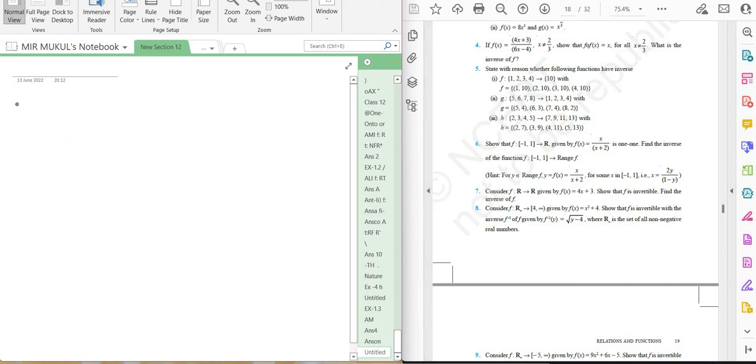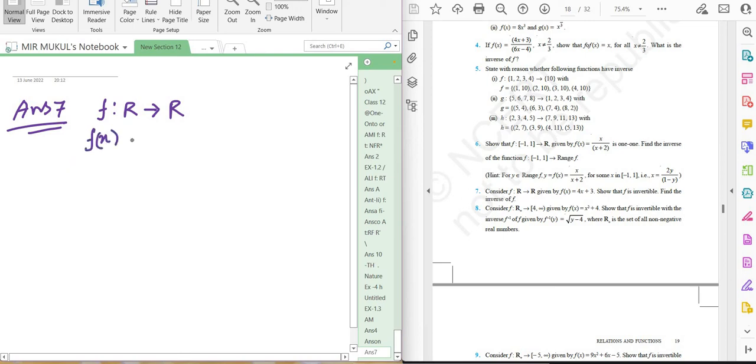But question number 7. See answer 7. Consider f from R to R given by f(x) equals 4x plus 3.